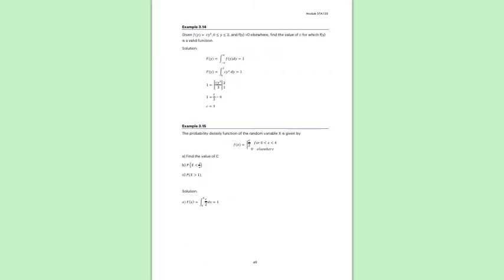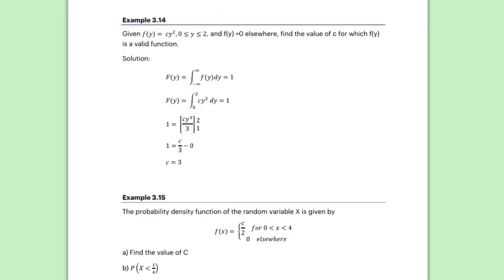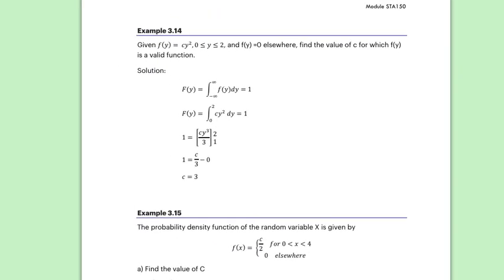Alright, so let's do the example. Example 3.1 is actually to use the properties. The first property is that if you integrate the function from negative infinity to infinity, you are going to get 1. This is also used if you have a question asking you to prove whether it is a valid density or not.